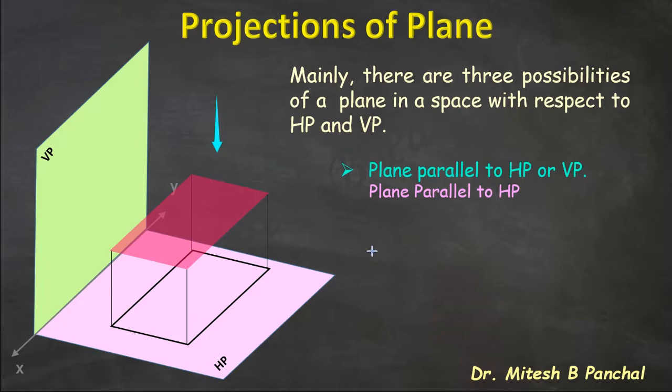And when we view from the front side, the front view of the plane appears as a straight line, and this line view will be parallel to XY. So again the ultimate answer is one view is a true shape and another view is a line view, parallel to XY.